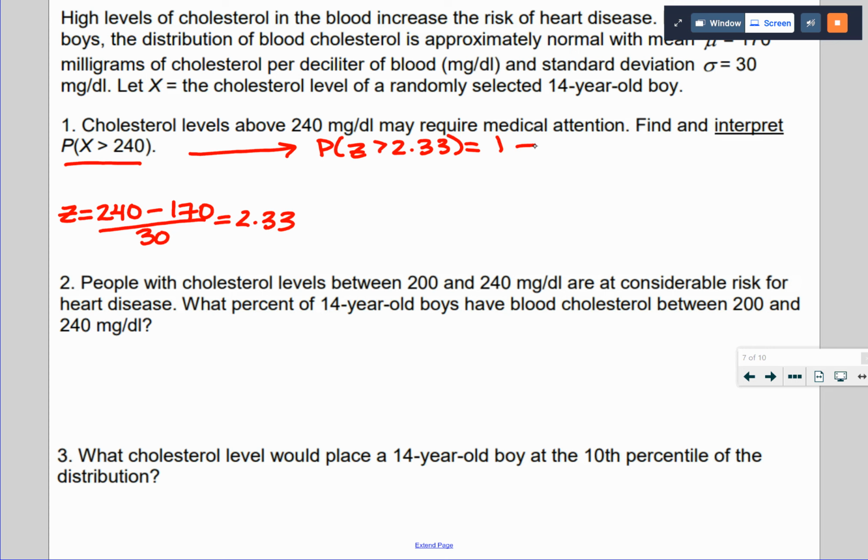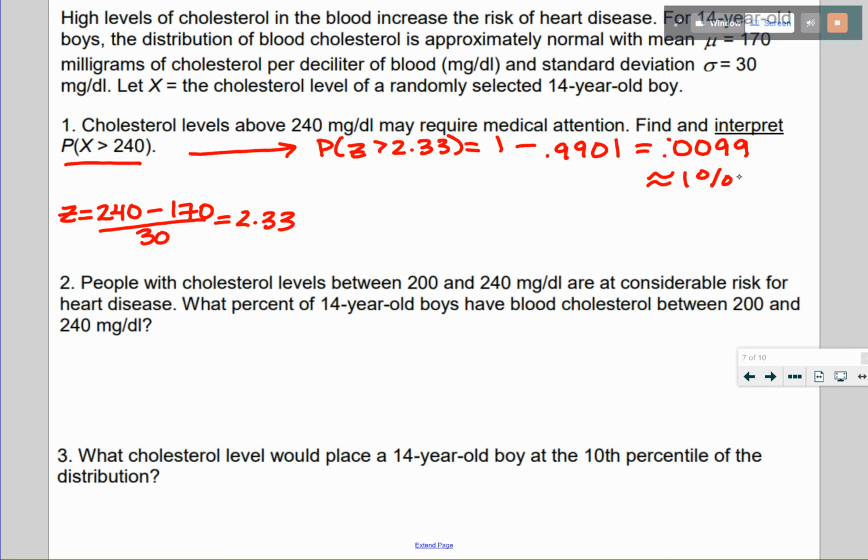All right, so we're just looking up 2.33. Find 2.3 on the left column. Go over to 3 on the top. Looks like 0.9901. So I get 0.0099, or if I wanted to find that percent, it'd be about 1% if I move that decimal 2 spaces to the right.